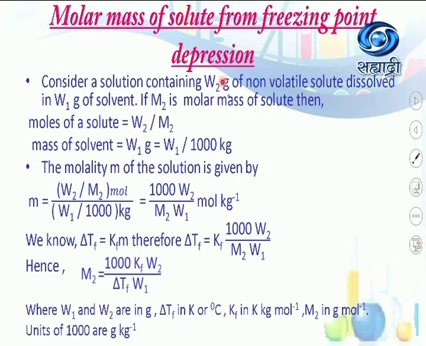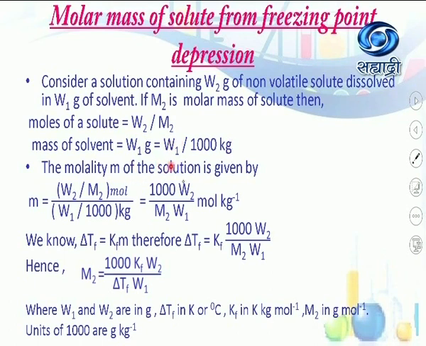Mass of a solute is W2 gram, so W2 gram divided by M2. M2 is a molar mass which is expressed in terms of gram per mole. So W2 gram divided by M2 gram per mole. This gram will get cancelled and you will get some mole. Mass of a solvent W1 gram, which is same as W1 upon 1000 kilogram.